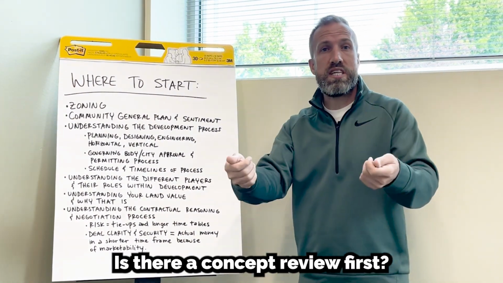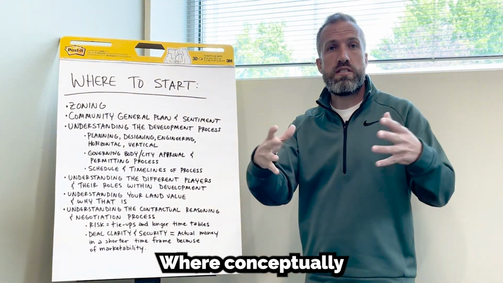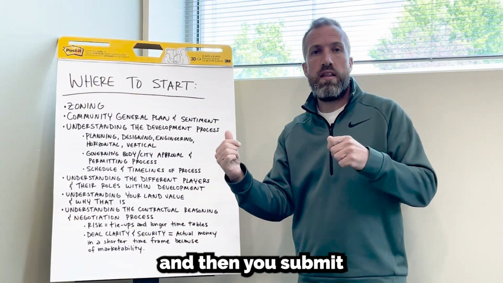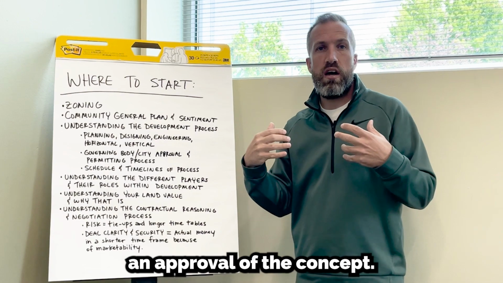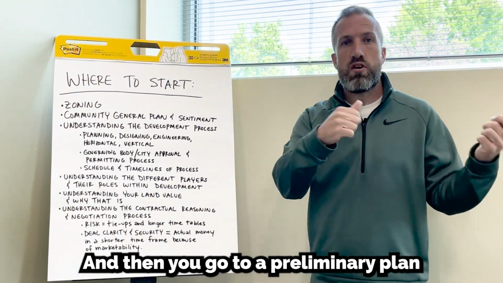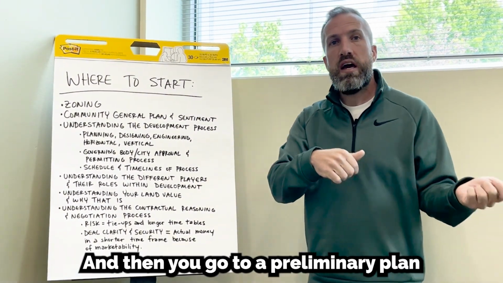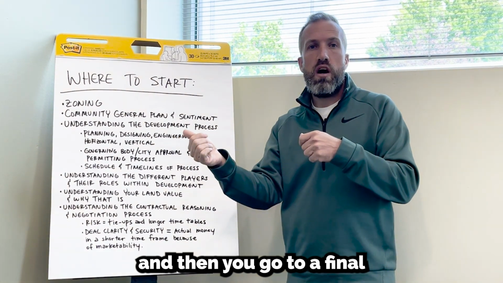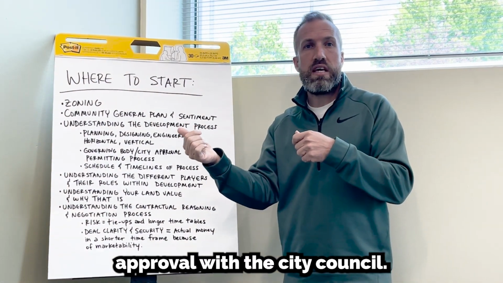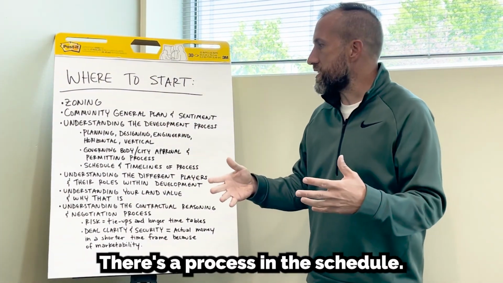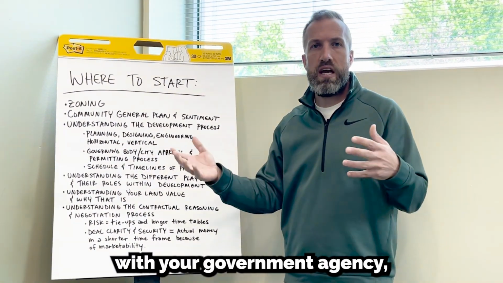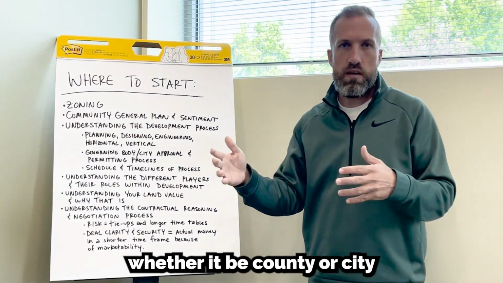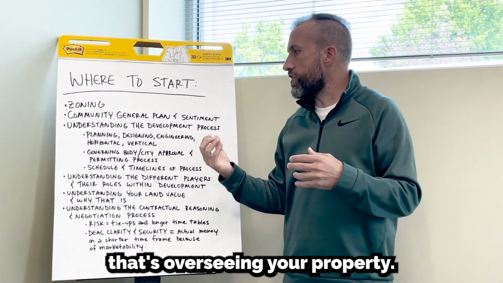Is there a concept review first, where conceptually they review it, and then you submit that over to the commission and they recommend an approval of the concept, and then you go to a preliminary plan, and then you go to a final approval with the city council. There's a process and a schedule. So you want to sit down with your government agency, whether it be county or city, that's overseeing your property.